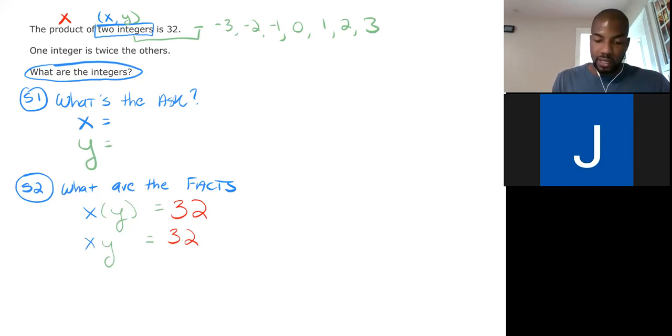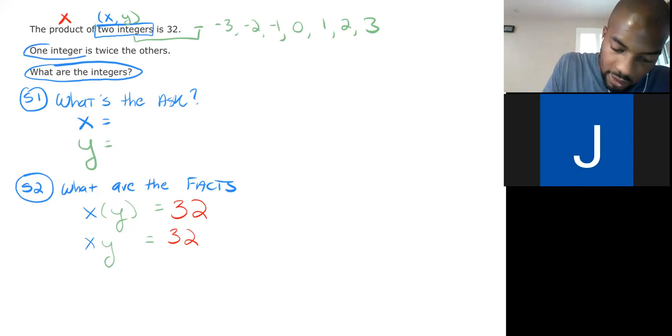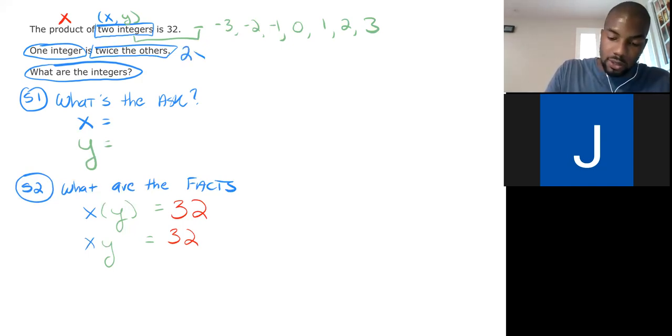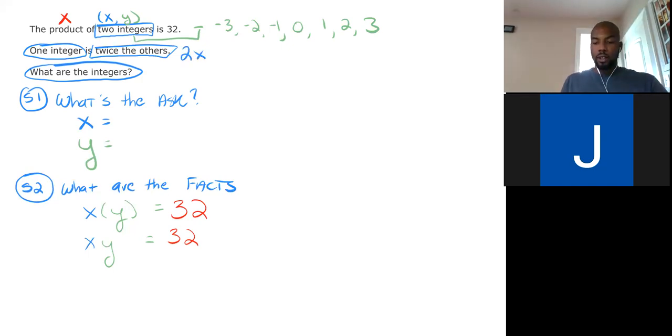What else do we know about these things? Well, we also know that one of the integers is twice the other. Twice is one of those special English words that means 2 times the other. So I have to pick one of the integers. I'm just going to pick the x.